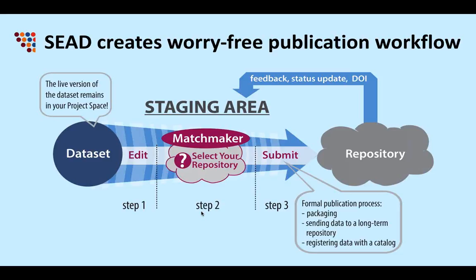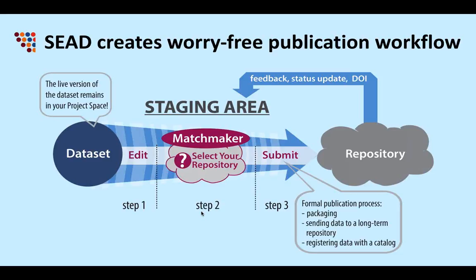So after you review the repository requirements and recommendations from the matchmaker in step 2, and possibly you had to address some issues, you can select a repository and click the final submit button. Behind the scenes, Seed packages your data and sends it off to the repository of your choice.